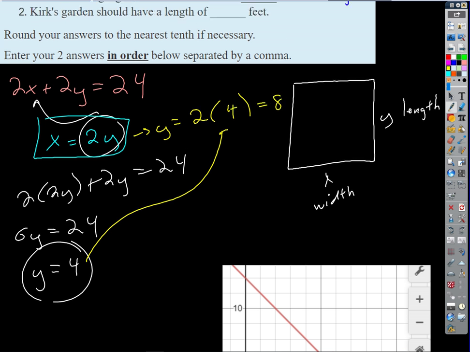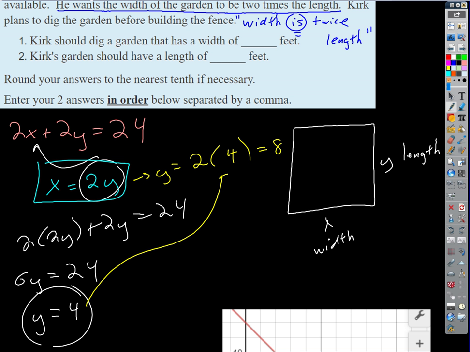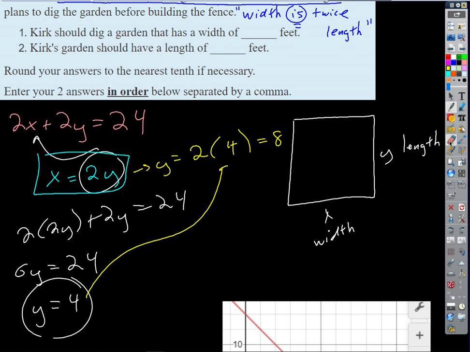So I got my answers. Oh, sorry, that's supposed to be an x, isn't it? I wrote that down wrong. x equals 2 times y, y was 4. So x is 8, and y is 4, right?